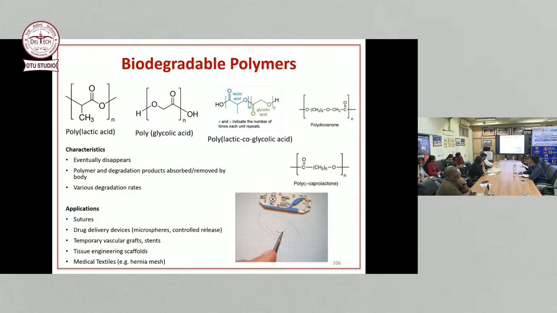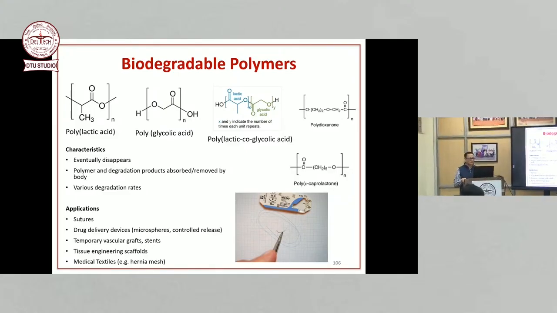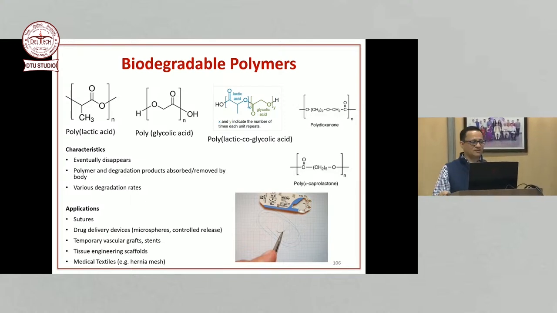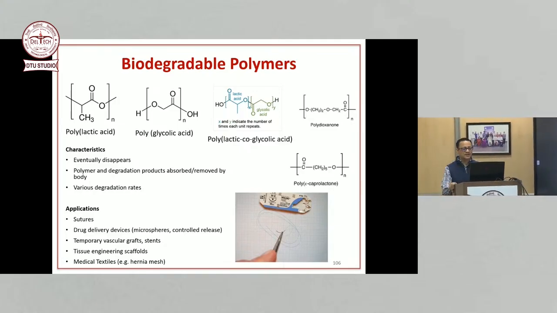Biodegradable polymers: polylactic acid, polyglycolic acid, or polylactic co-glycolic acid. It has lactic acid and glycolic acid. Polycaprolactone. Now, the beauty of this PLGA, we call polylactic co-glycolic acid PLGA also. This is PLA, that is PGA.